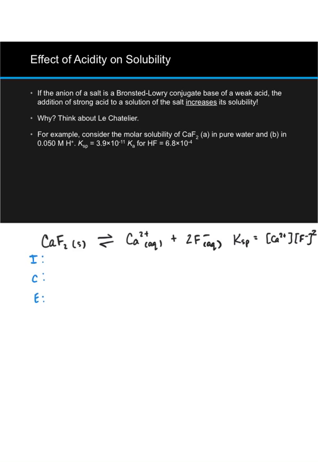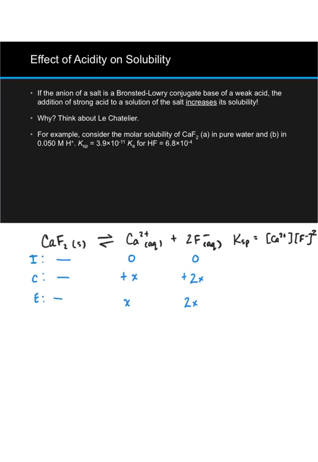We ignore solid in our ice table and initially have 0 products. We produce X amount of calcium and 2X amount of fluoride, so that by the time equilibrium is established, we have X and 2X quantities of each, respectively.